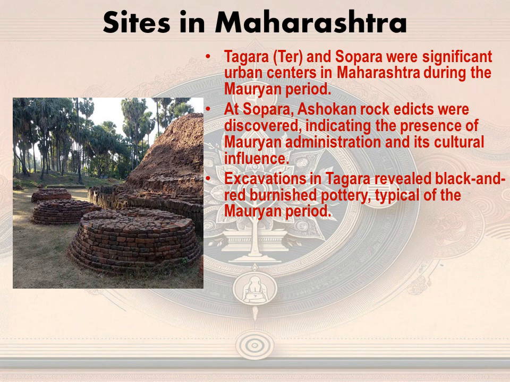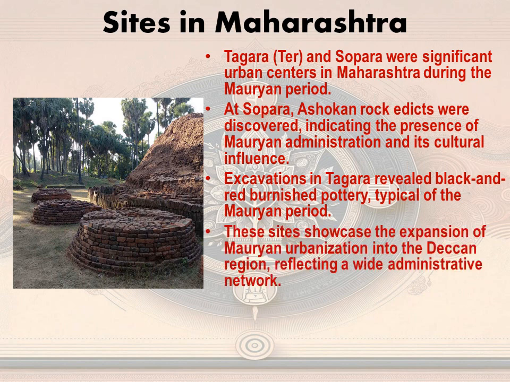Excavations in Tagara revealed black and red burnished pottery typical to the Mauryan period. So, black and red burnished pottery is also a typical feature of the Mauryan era, and this has been found in excavations at Tagara. These sites showcase the expansion of Mauryan urbanization into the Deccan region, reflecting a wide administrative network.